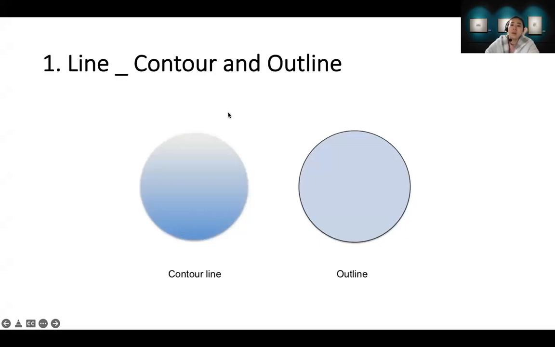So we learned the contour line and the outline, right? The contour line looks like this. There is no defined line for this circle, but we can recognize there is a circle based on the color shading. And this is outlined with the defined line.